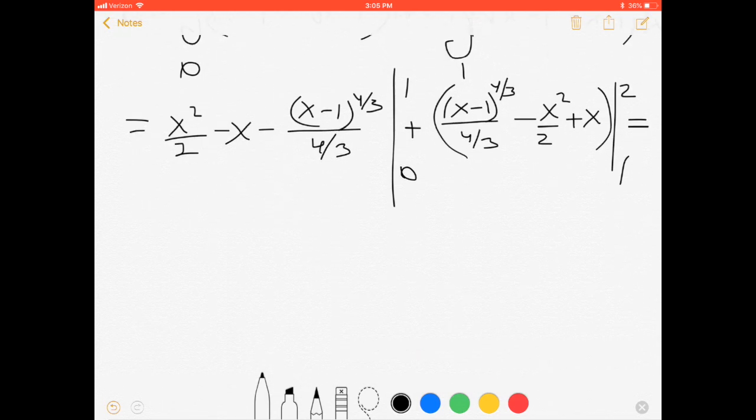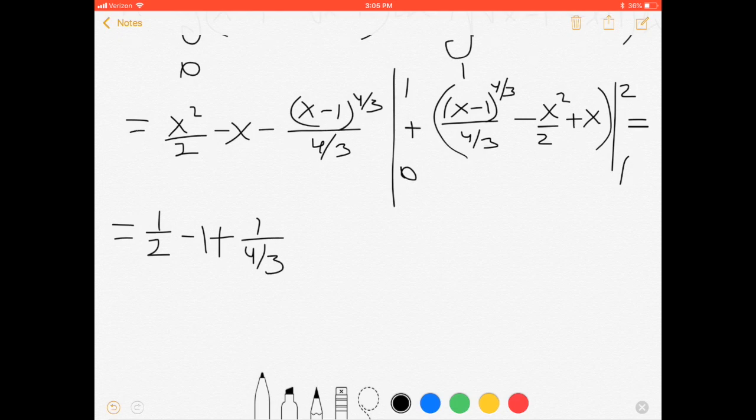If you plug in your points, you have 1/2 minus 1. Plugging in 1, the third term is 0. But if you plug in 0, always 0 except the last one. And because you need to subtract, this means you have plus 1 over 4/3.